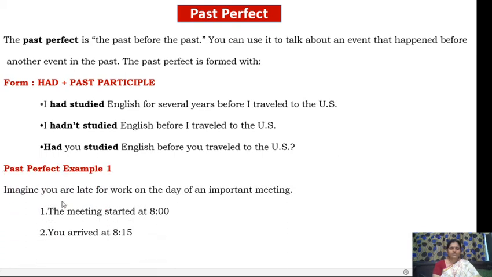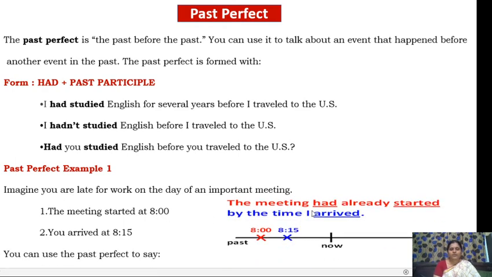See this example. Imagine you are late for work on the day of an important meeting. So the context is like this. The meeting started at 8. You arrived at 8:15. So this is something that happened in the past. How to express this in one single sentence?